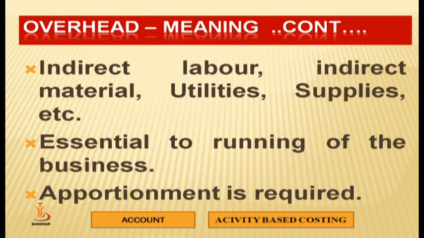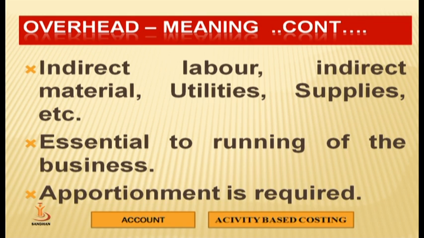Indirect labor, indirect material and utilities also become part of overhead. Supplies are also a part of overhead. These are all the manufacturing as well as non-manufacturing expenses of a company.